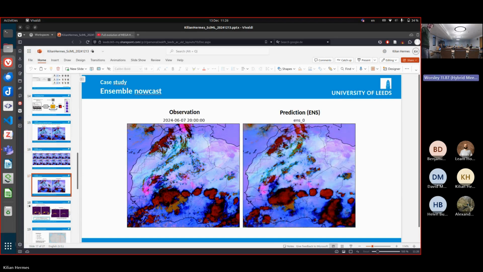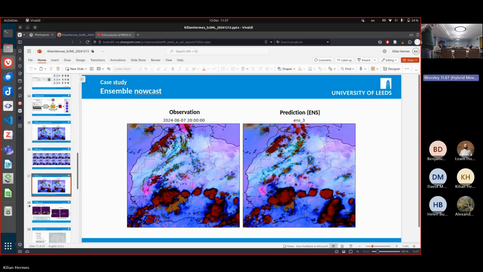You see the red blobs here, the thunderstorms, show slightly different extents, but you also see these pink areas. The dust storm has propagated further, or it has not propagated that much.